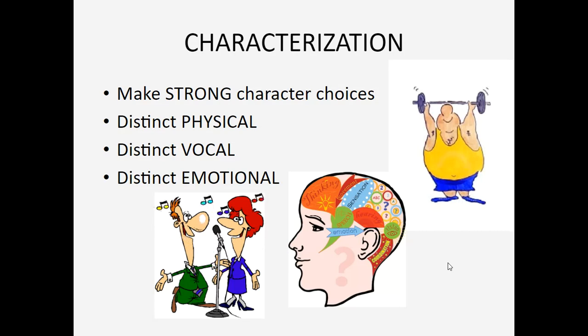So the 3 distinct things you must have is physicality. Physically, what does your character do? What do they walk like? How are they moving? Do they have any nervous habits or nuances? Those are your physical elements. Next is distinct vocalization. You shouldn't really be sounding like yourself.